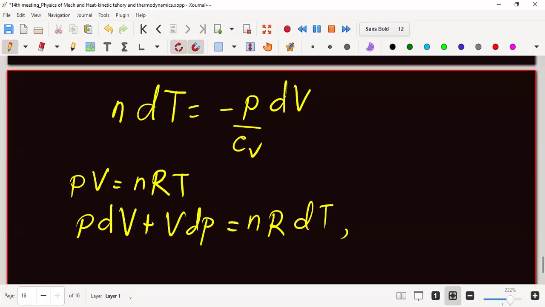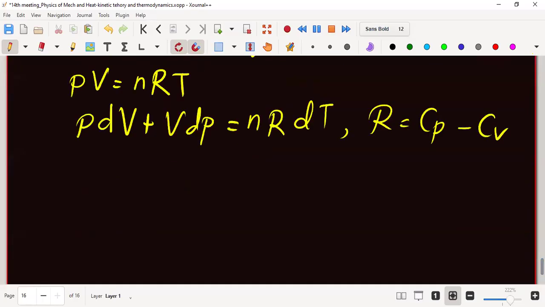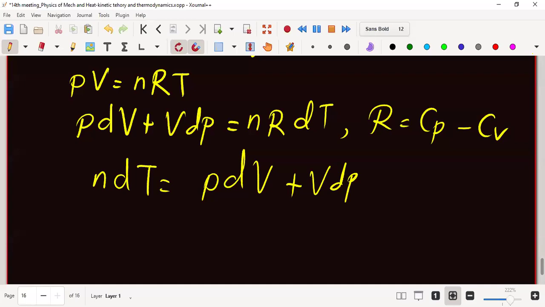Because R is Cp minus Cv, we can see that n dT is equal to (P dV plus V dP) divided by (Cp minus Cv).